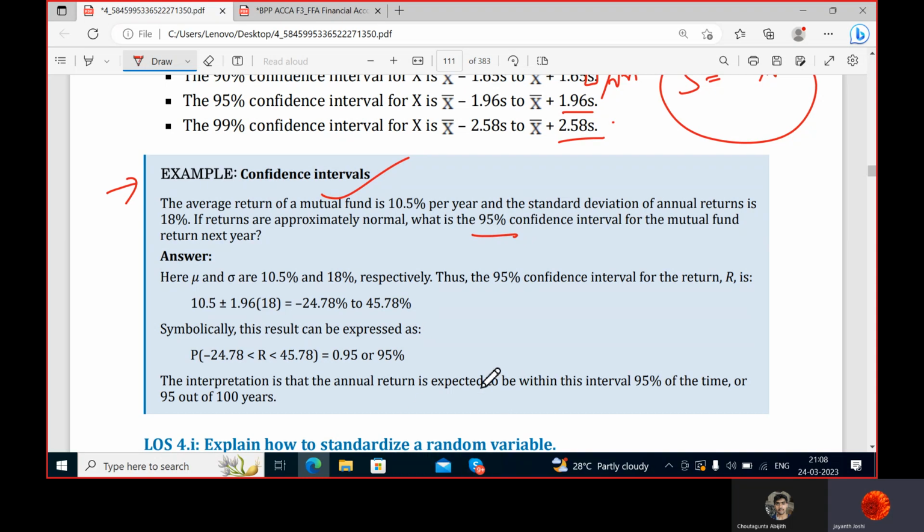You can find out the confidence interval. This is mean and standard deviation, so your returns lie between this range. You're 95% confident. Finished.